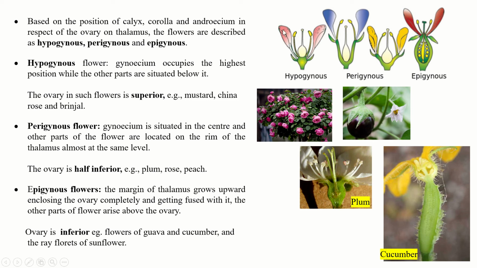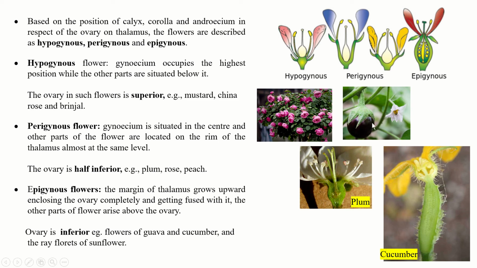androecium, corolla and calyx. So the gynoecium is on top of the thalamus, and the androecium, corolla and calyx are below the gynoecium. Such flowers are called hypogynous flowers, and the ovary of such a flower is called a superior ovary. It is called superior because it is situated above all other whorls. Examples of this are China rose, brinjal, mustard and many flowers.